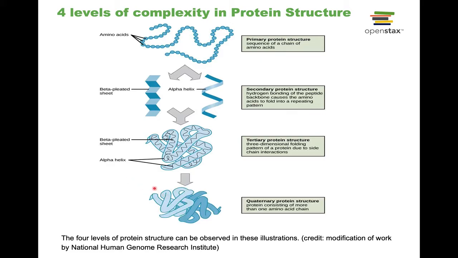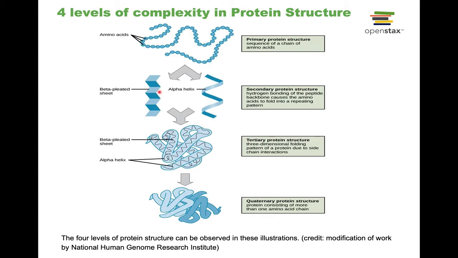And when you have more than one polypeptide interacting with one another, we say that we have a quaternary structure. That's the highest level of complexity in protein structure.